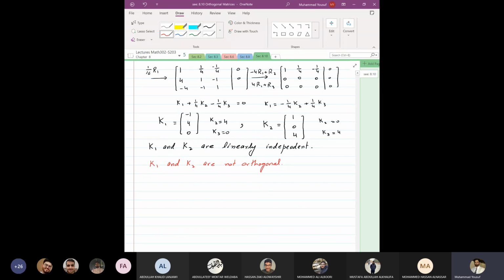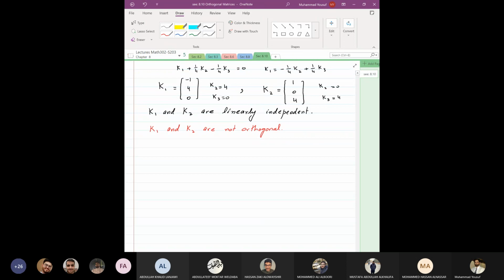So for the norm, we go to the step of calculating the norm. If they are orthogonal, then we divide each of them by its norm to make them orthonormal. Now, when they are not orthogonal, they cannot be orthonormal. Okay, they are not orthogonal.